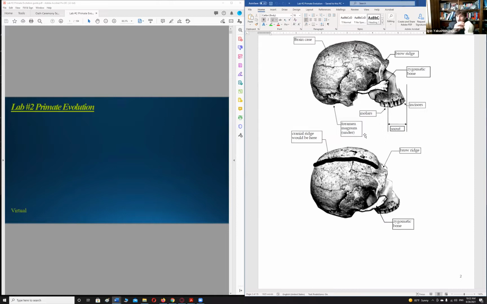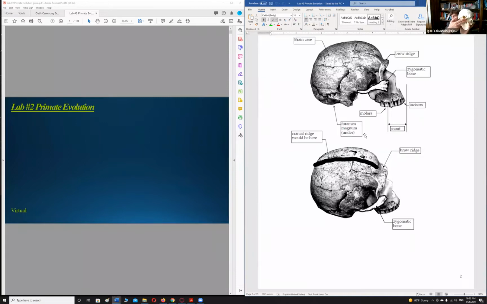So now let's take a look at why this is important. This is basically how the spinal cord connects to the brain. If the creature is quadrupedal, the spine comes at an angle, and the foramen magnum will be shifted toward the back of the skull. Makes sense? Now, if the creature is bipedal, if you try to do it at an angle, it does not work.